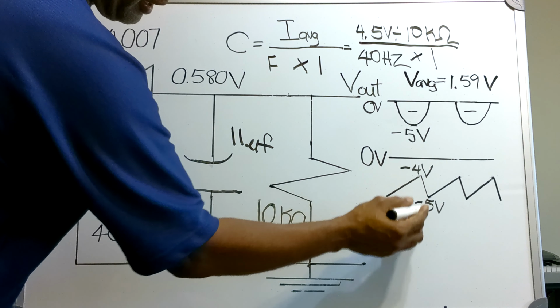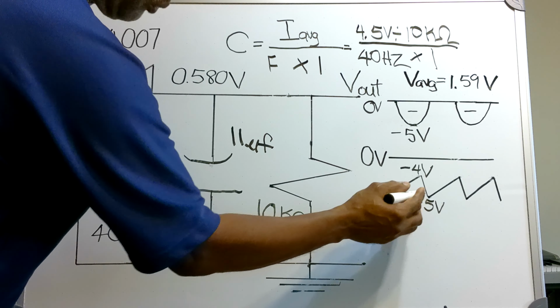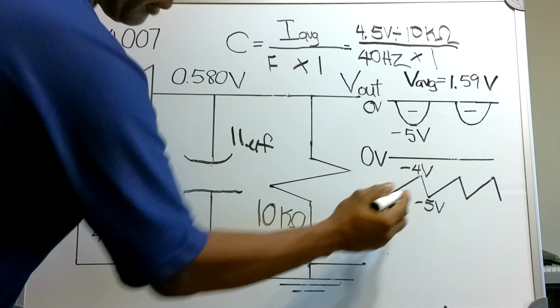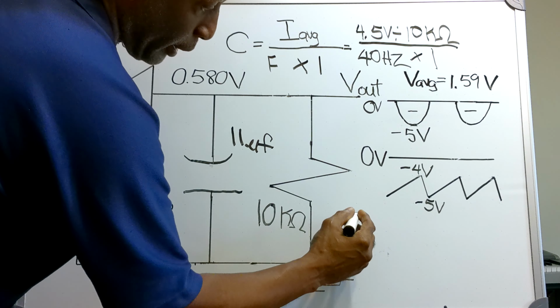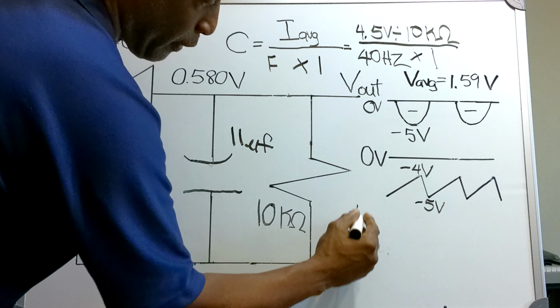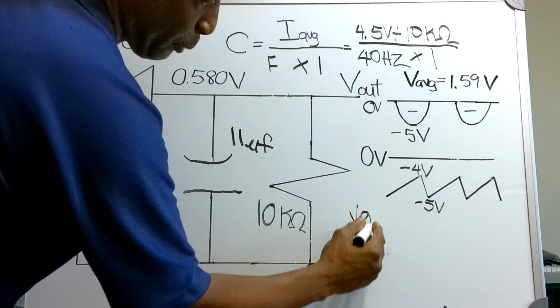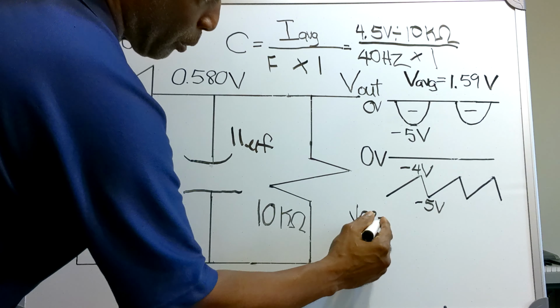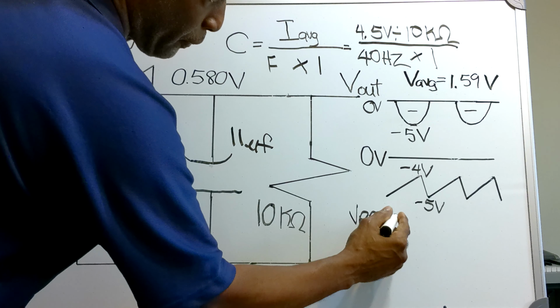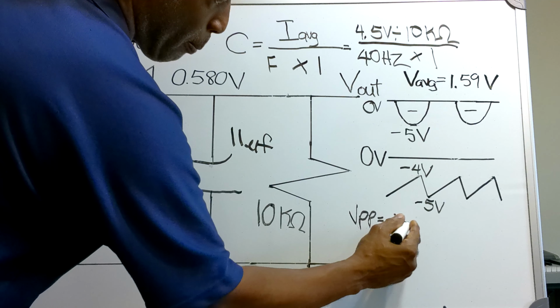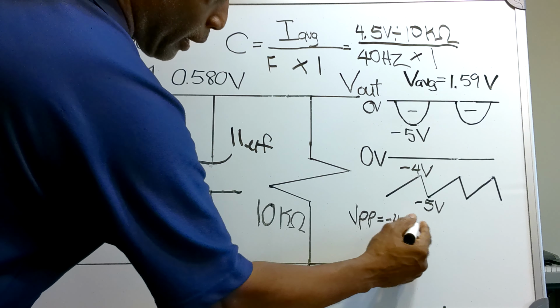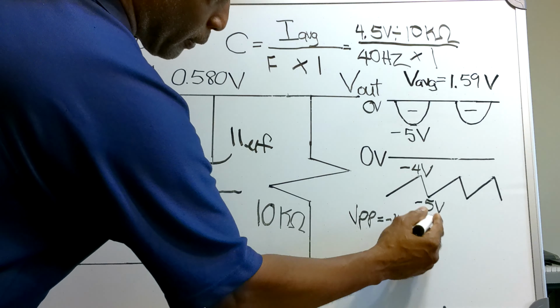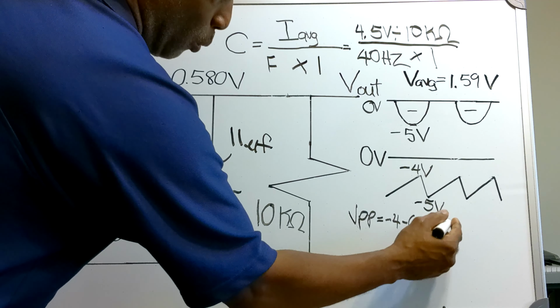The peak to peak voltage here is 1 volt. And the formula is V peak to peak equals -4 minus -5 volts. That equals 1 volt.